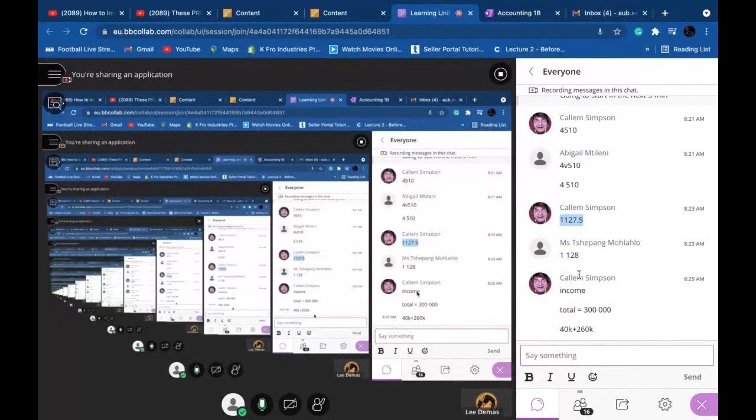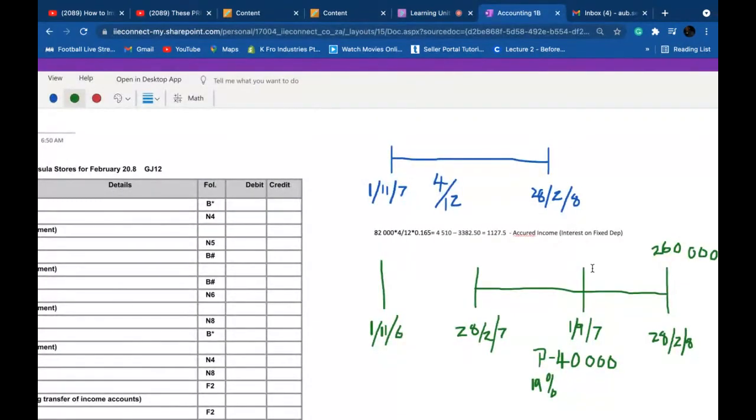The 40,000 plus the 260. So this 260 plus the 40,000 would then give us a total of 300,000. That's how much we were owing before we made this payment. I hope everybody is following how we're arriving at that, because that's why they told us about this amount.